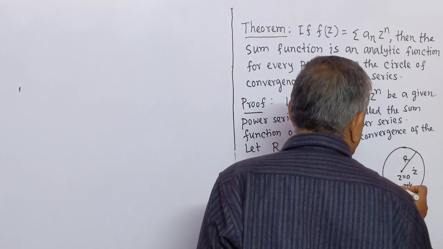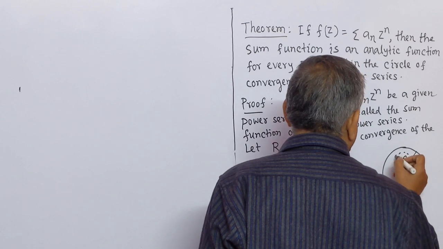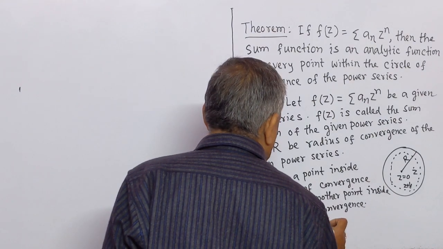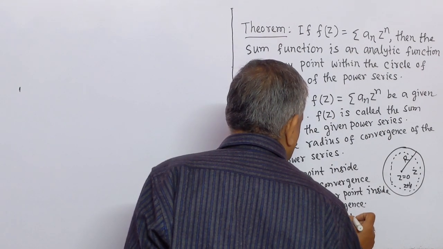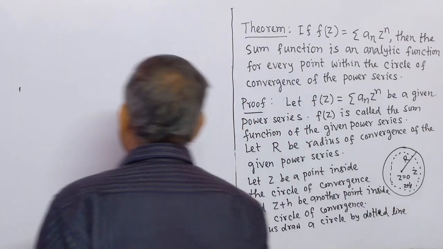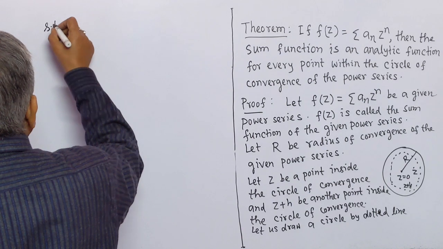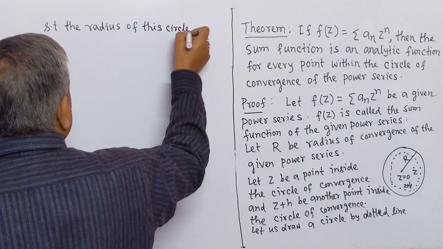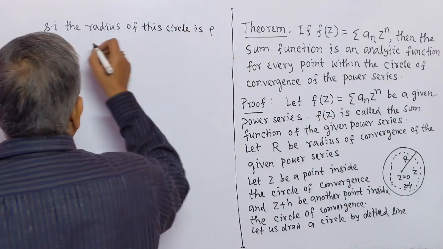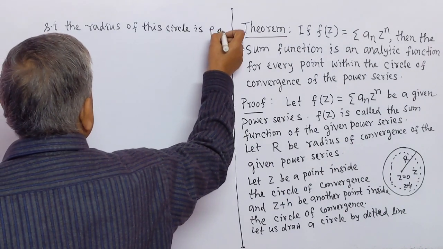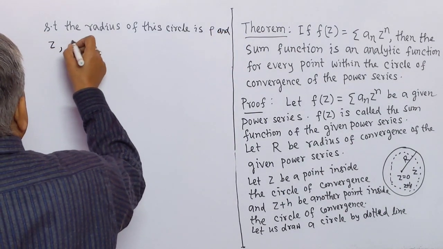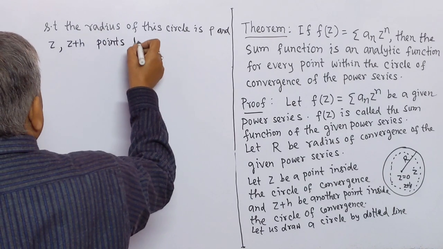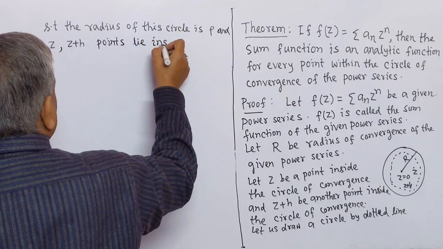Let us draw a circle by dotted line such that the radius of this circle is rho, and the points z and z plus h lie inside the circle.